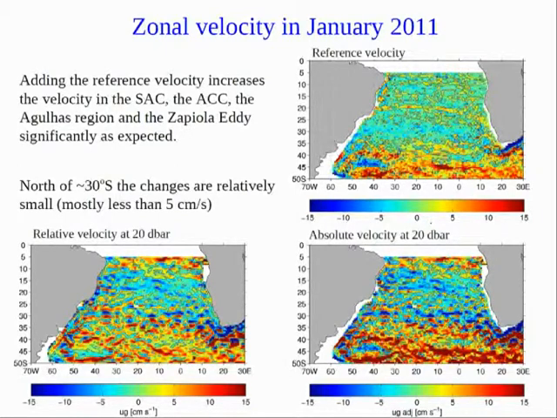It shows a much stronger circumpolar current going to the east, a much stronger South Atlantic current going to the east, between 35 and 40 south. It also shows very nicely the Agulhas current and the Agulhas return current. It shows the predominantly westward flow north of the South Atlantic current. So this is pretty nice.